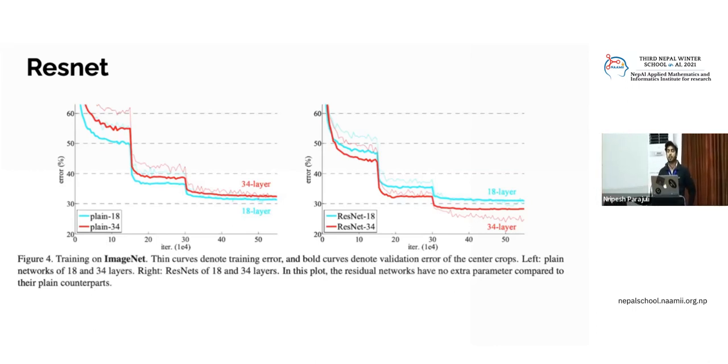This was definitely one of the most exciting ideas, both in terms of how well it worked and how simple and elegant it was. It's very rare that both of these things happen. And this paper I think has like 100,000 citations. It's crazy.